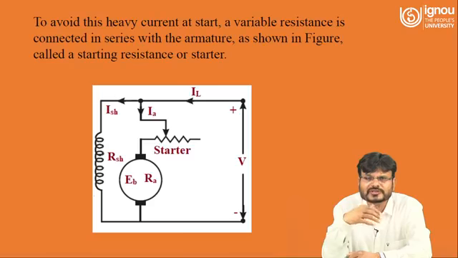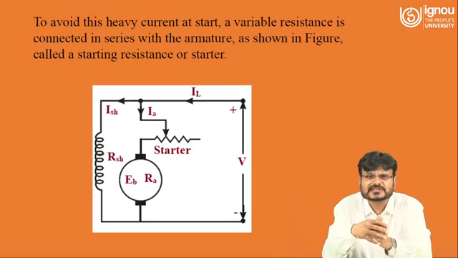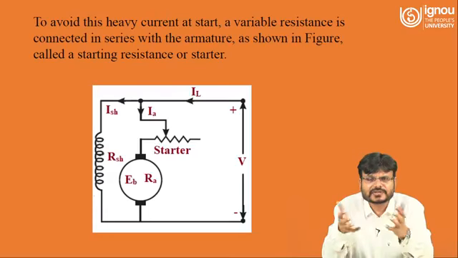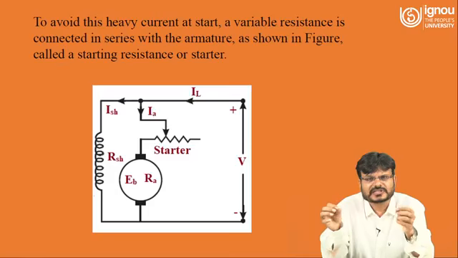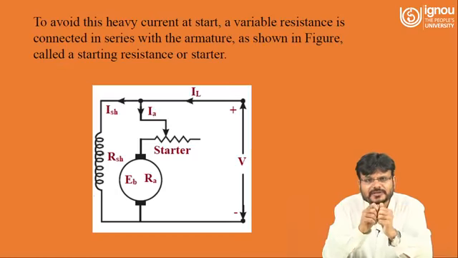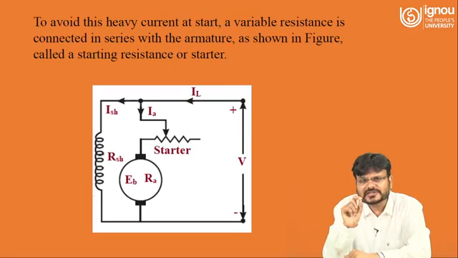Now you have to control this armature current by any means. So what can you do? Just put some resistance in series with the armature. So what will happen? This armature current IA is equal to V upon RA plus the resistance of the starter.